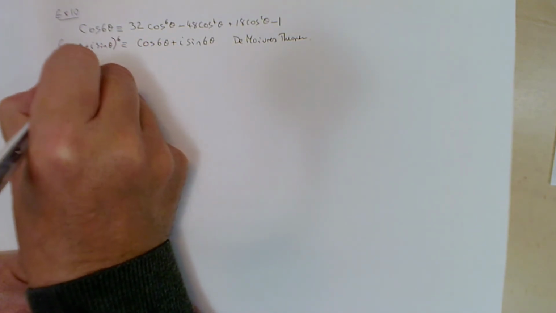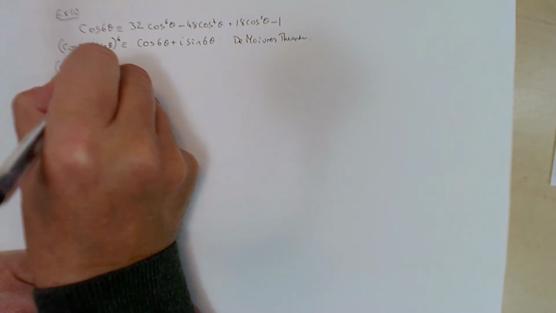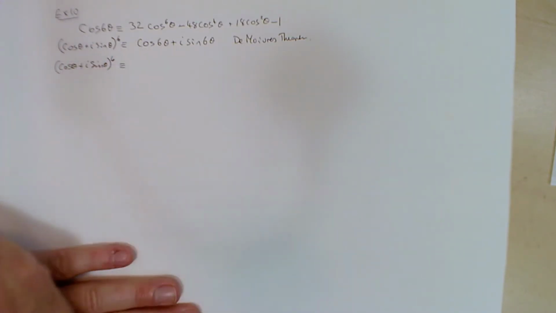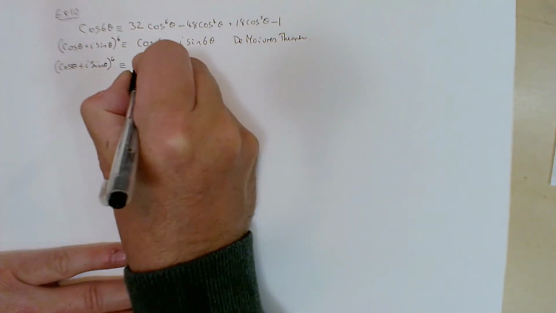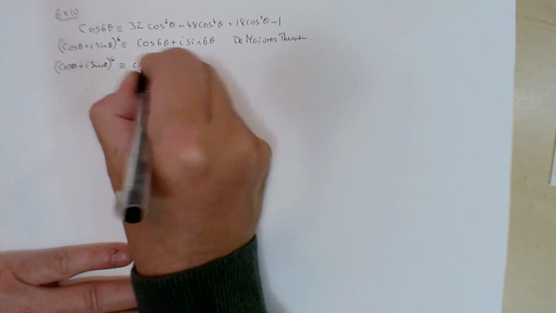So let's expand this now: cos theta plus i sine theta to the power of 6. The binomial expansion is as follows, and this is where you can make an awful mess of a question like this by getting the expansion wrong. So let's do the expansion bit by bit. It's this bit to the power of 6 first.